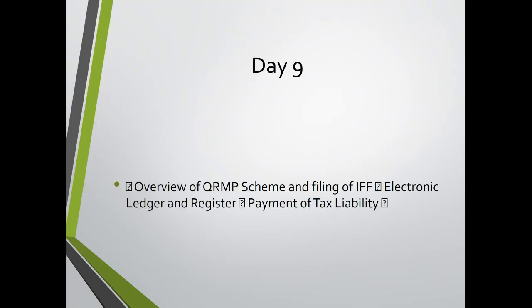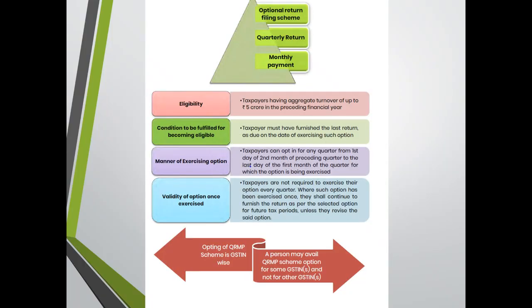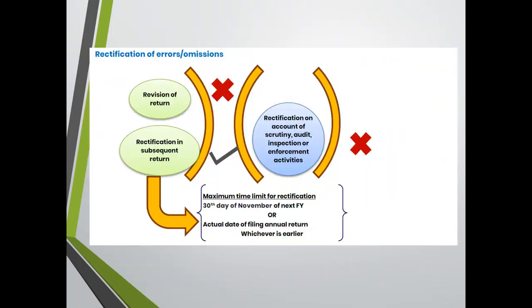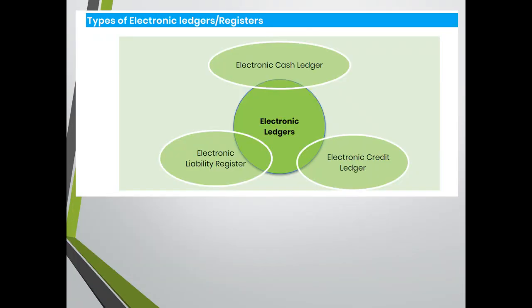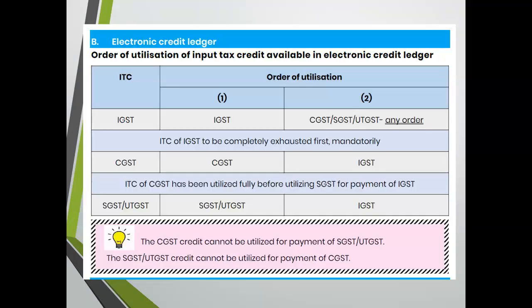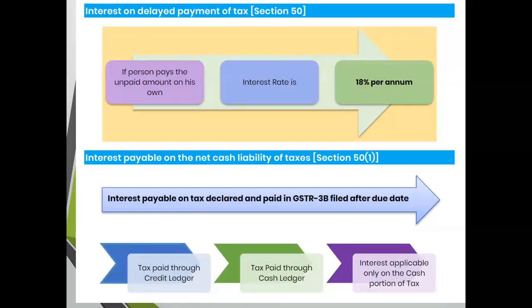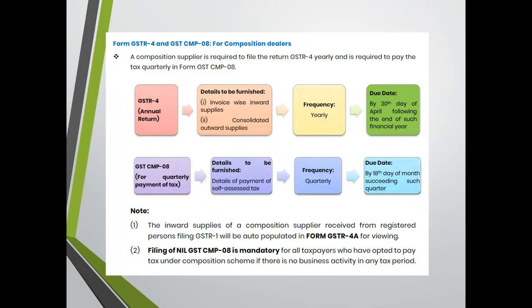Then QRMP register submission, IFF, electronic ledgers, registers, payment of tax liability, QRMP schemes, everything we had discussed. Those ledgers as well as how to make the payment chronology, everything we were discussing. Then we went on to discuss GSTR 4 as well as GST CMP 08.